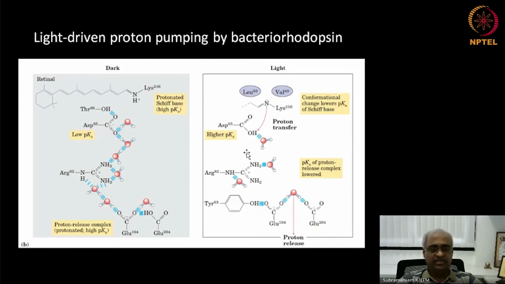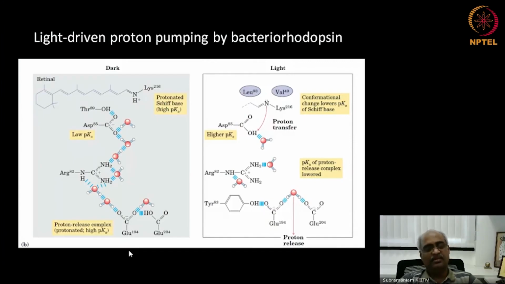And that, via a series of proton hopping shown here, from threonine 89 to aspartic acid 85 and 82 and so on, comes to the other end of the membrane. So this is the membrane. And finally, when these things undergo conformational change, their pKa also changes such that they donate the proton. Only thing is, when they donate the proton, it is into the cytoplasmic side of the bacteria.